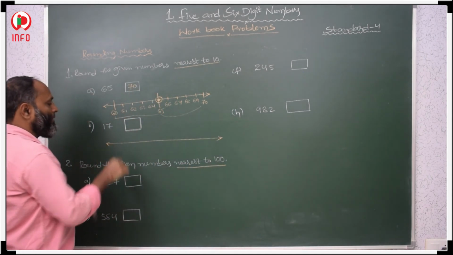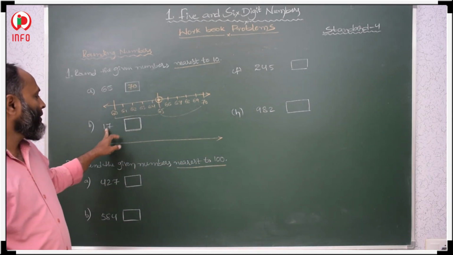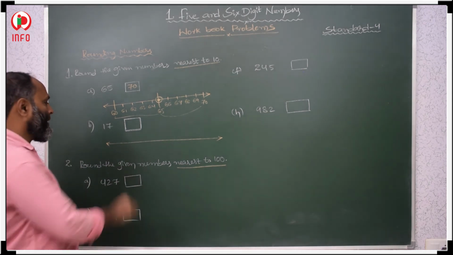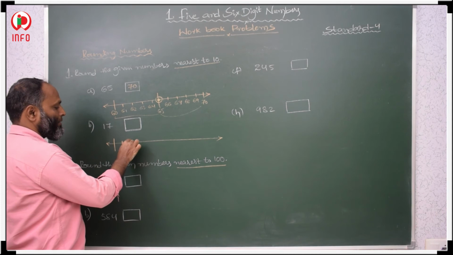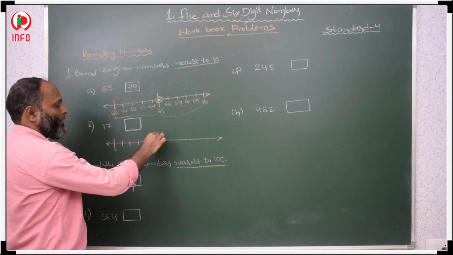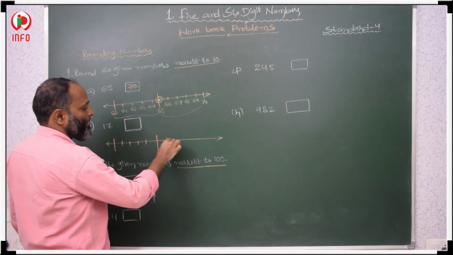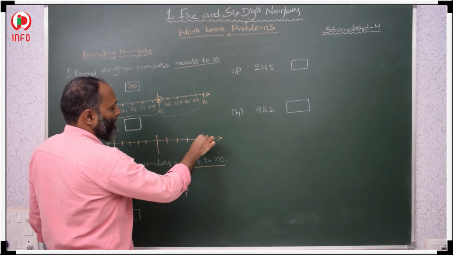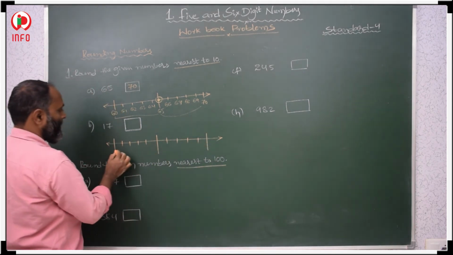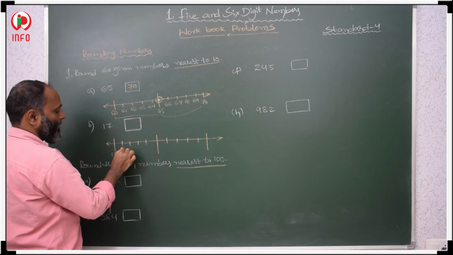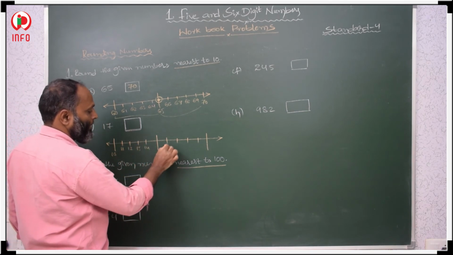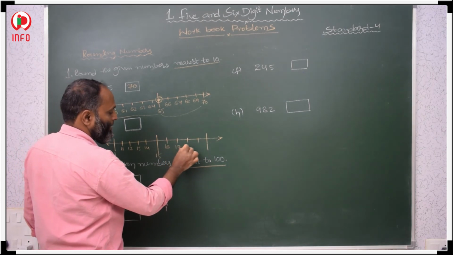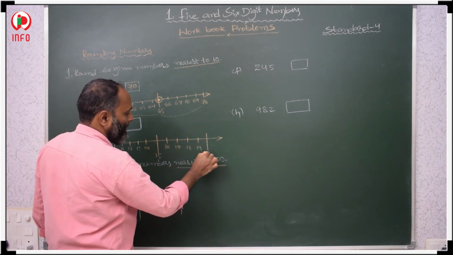Now 17. 17 is in between 10 and 20. 10, 11, 12, 13, 14, 15, 16, 17, 18, 19, 20.